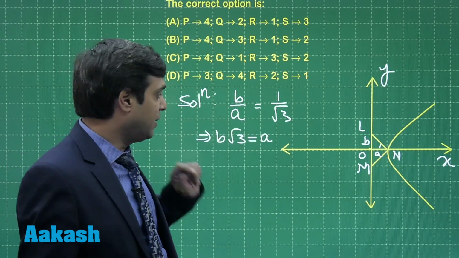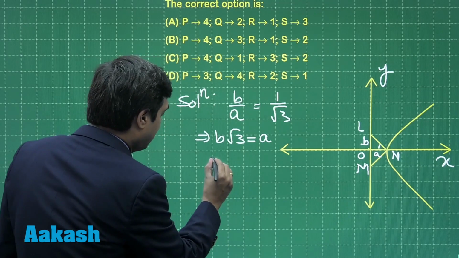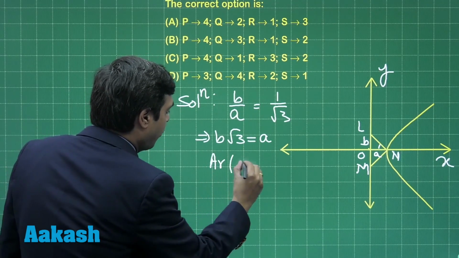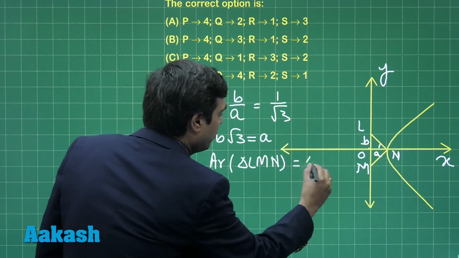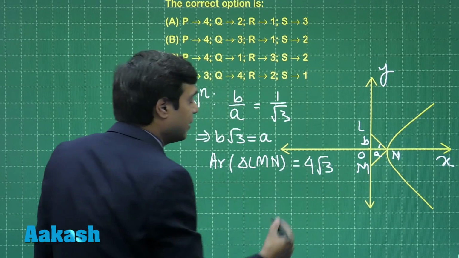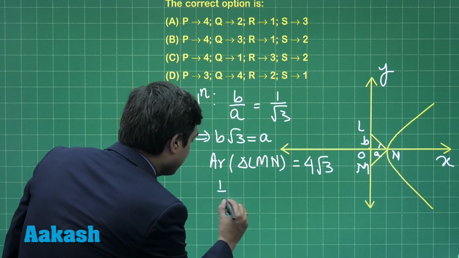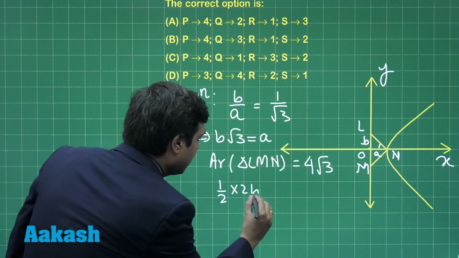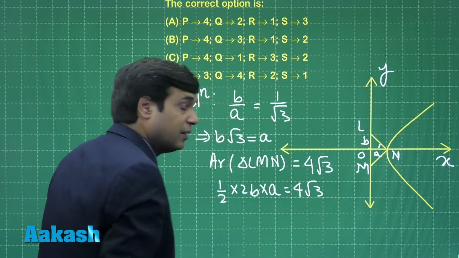Next, it is also given the area of the triangle. Area of triangle LMN is equal to 4 root 3. Now, we can see here the area of the triangle is half into 2B into A, which is 4 root 3, correct.